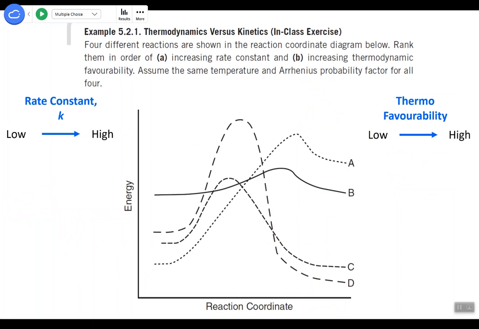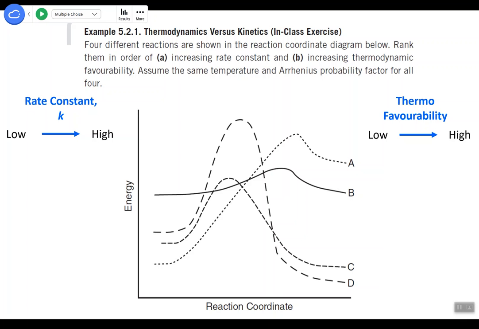So let's analyze these reaction coordinate diagrams. How fast a reaction occurs, the kinetics of a reaction, is distinct from the thermochemistry of that reaction. How fast the reaction goes doesn't really have much to do with the overall change in energy from the reactants to the products.